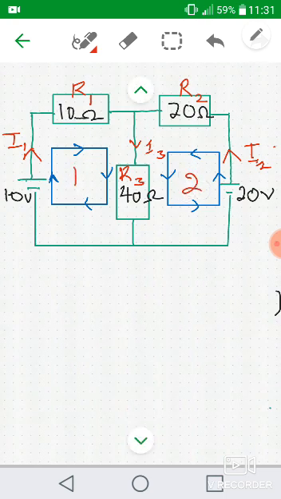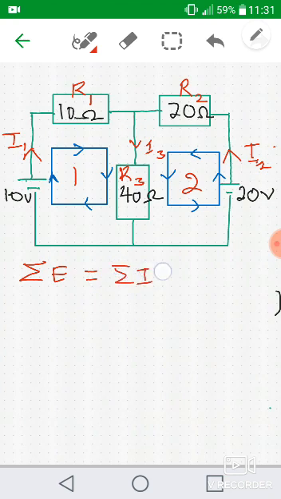So for loop 1, when we look at the loop rule, the total EMF should be equal to the total potential drops. For loop 1, the total EMF is 10 volts. There is no other voltage in loop 1, which should be equal to the total potential drops.